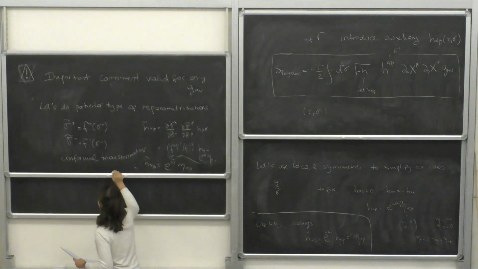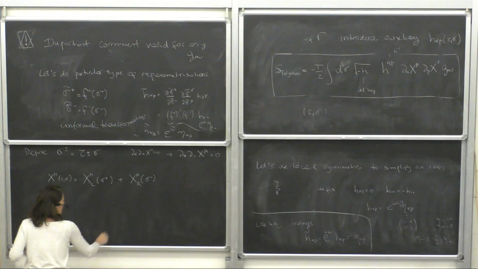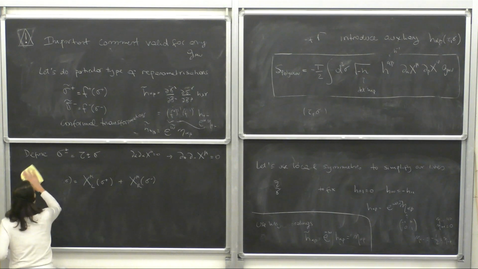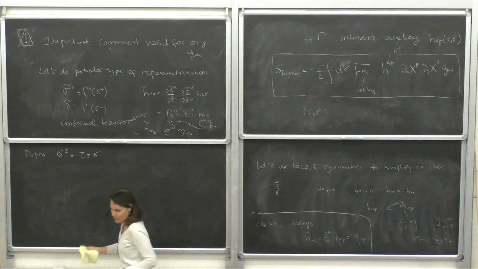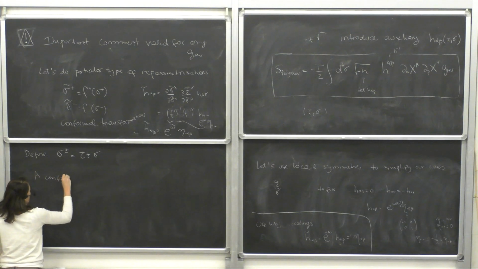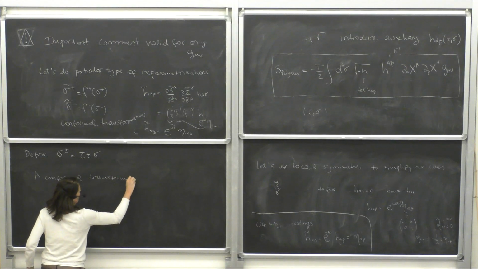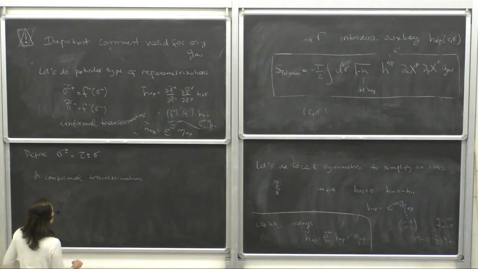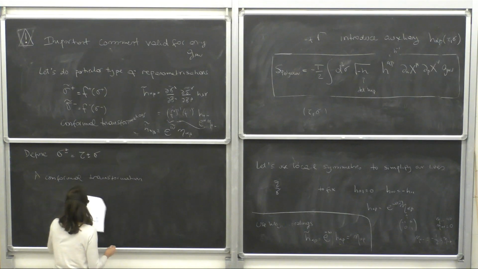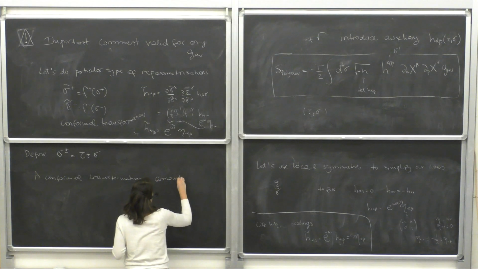And doing a conformal transformation, so a conformal transformation is a reparametrization of the sigma tau parameters that doesn't mix sigma plus and sigma minus, and it amounts to a Weyl symmetry.